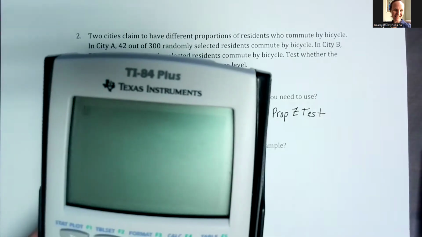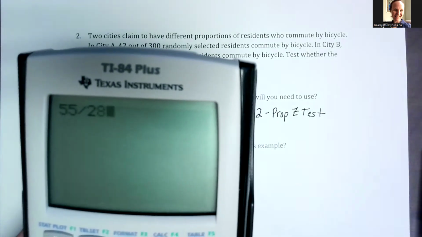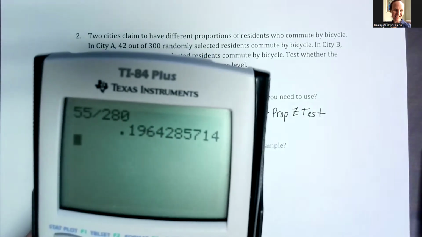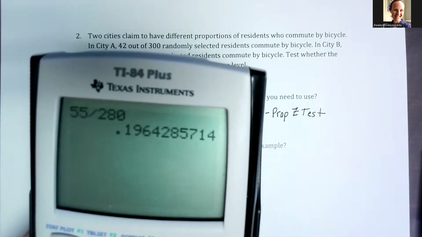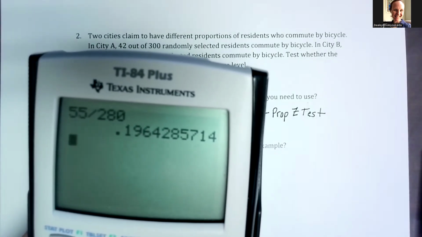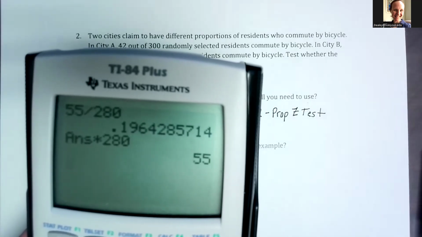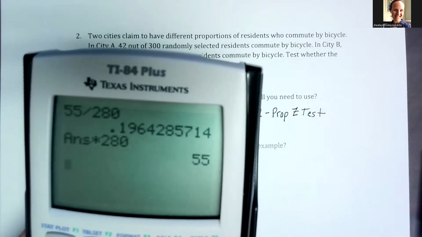Second proportion, we're going to take the 55 divided by the 280, and this is our P2. 0.19, or we could make this 0.2 if we wanted to round up a little bit, but I'll just take that value and multiply it times the 280 and make sure we get above 5. We got 55, so we're definitely good there.